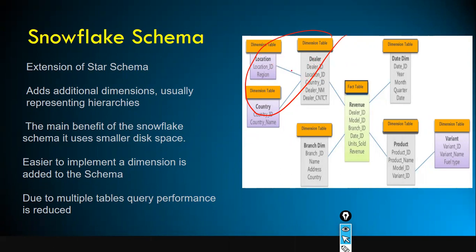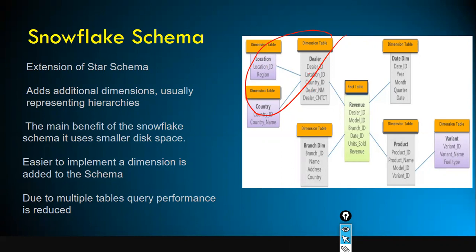Why? Because of storage, to avoid redundancy, they split this single dimension table into more than one dimension table. Here they store all the country related information, here the location dimension, and the dealer dimension.